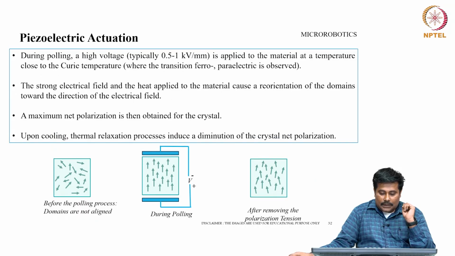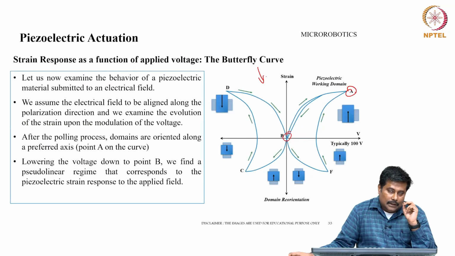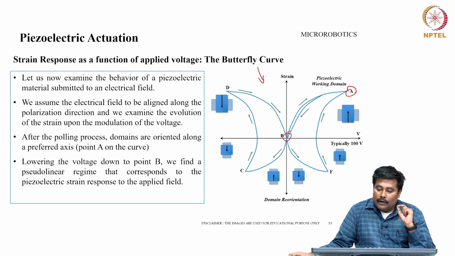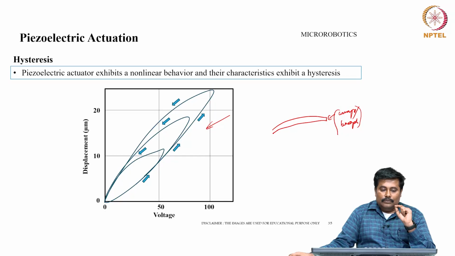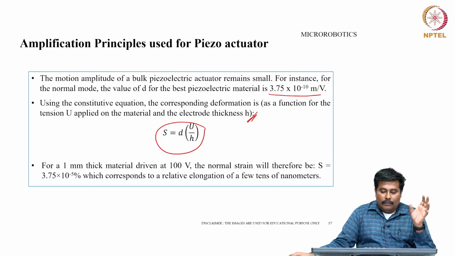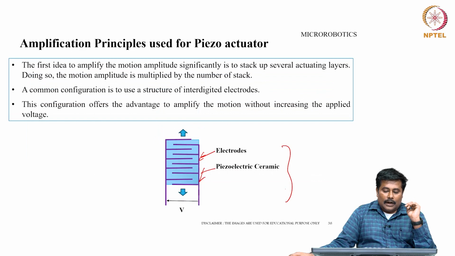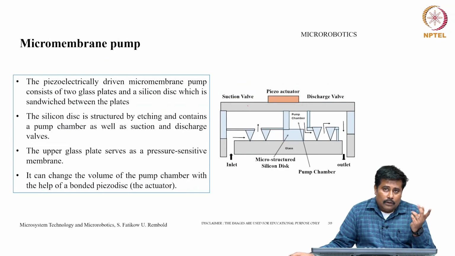We also had some discussion about how piezoelectric poling is done, how poling will have an impact towards the functional applications, and the response of the piezoelectric structures is quantified through the butterfly curve. Hysteresis is considered to be one of the major drawbacks of piezoelectric structures. We have studied the creeping behavior, how an amplification factor has an impact, and then we have seen 2-3 configurations.